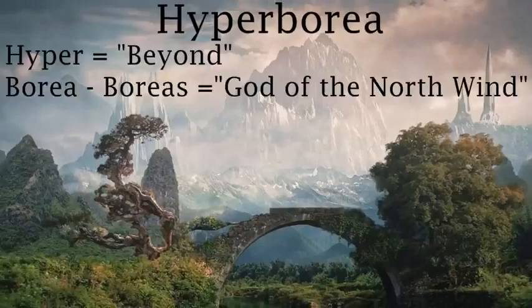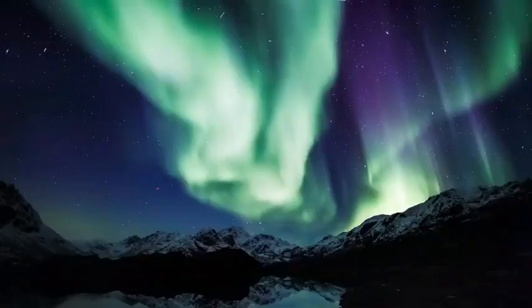Hyper is a prefix meaning beyond, and Boreas was the god of the north wind. Hyperborea, beyond the north wind. It is reminiscent of another word, the Aurora Borealis, the Northern Lights.